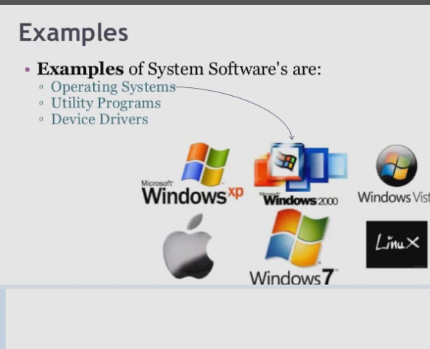For example, BOSS is an Indian operating system, Bharat Operating System Solutions. And further I have used here utility programs and device drivers. These two are also subtypes of system software, means system software may be of these types. One is operating system, another is utility program, and the third one is device drivers.